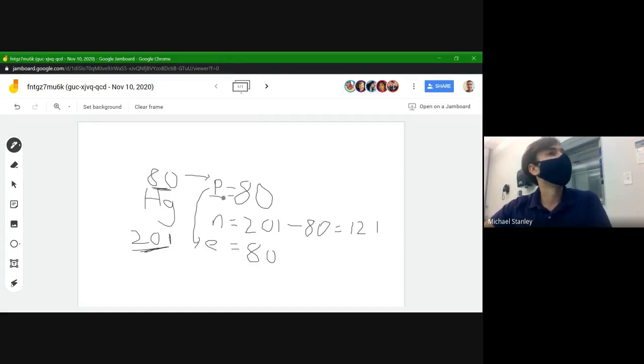And then finally, Mercury has 121 neutrons, which we could figure out by doing the weight of 201 minus the number of 80. Gives us 121. All right, excellent job.